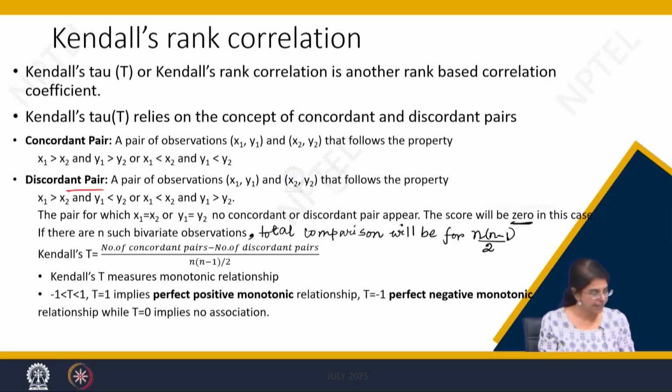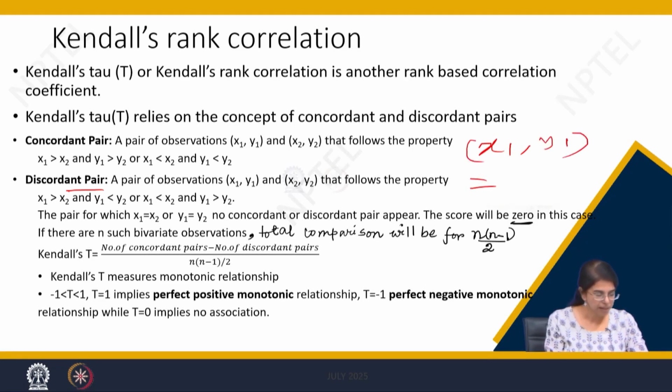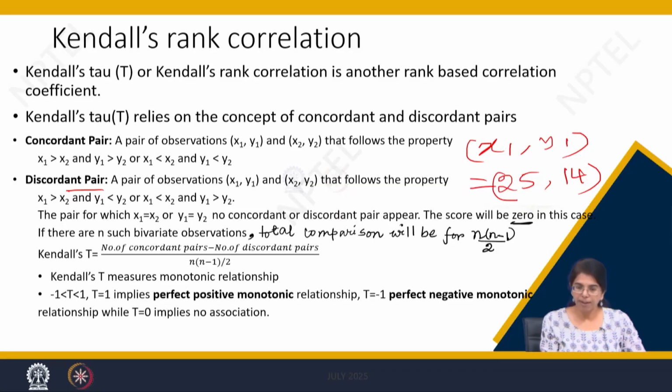Let us have one example, because doing that example, the concept of concordance and discordance will be clearer. Suppose x1, y1 is 25 and 14. So the value of x1 is 25, the value of y1 is 14, and x2, y2, this is another pair, is 8 and 12.